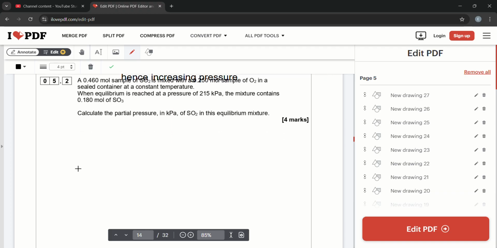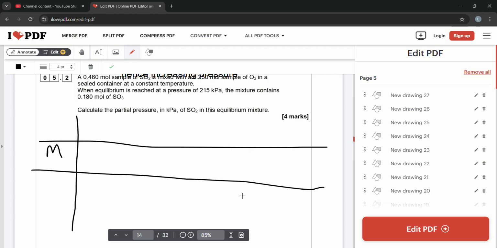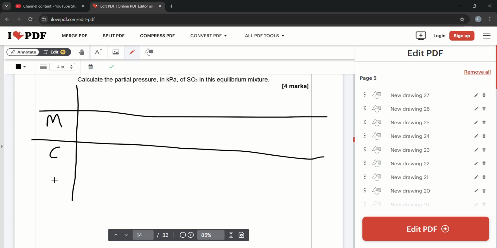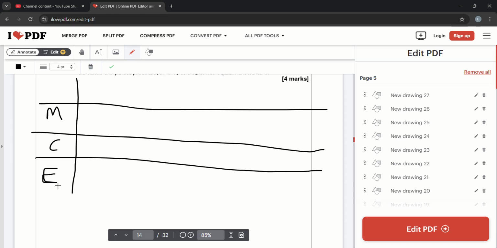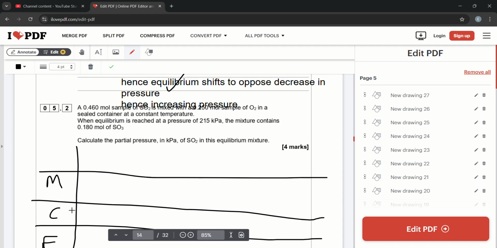Okay, so first things first, we're going to draw the table. So we've got M, C, E, and then we've also got MF, mole fraction, and then we can also add partial pressure as well.